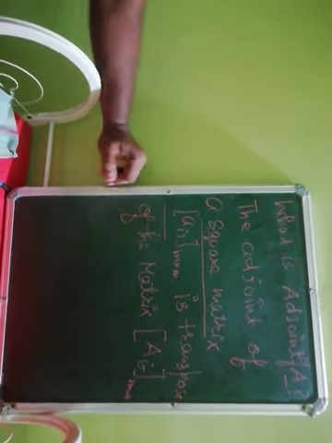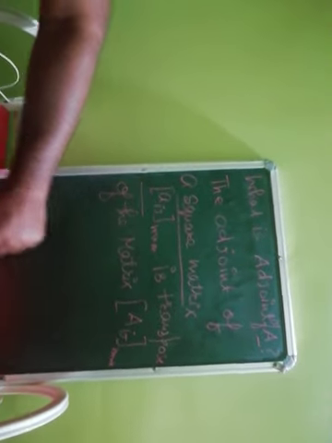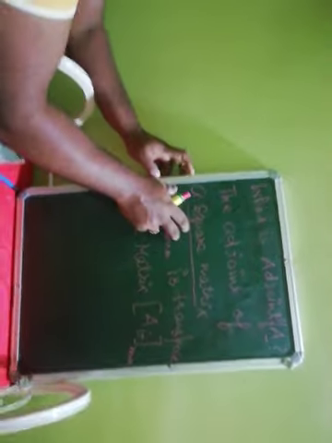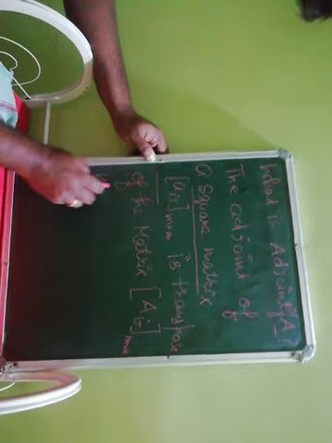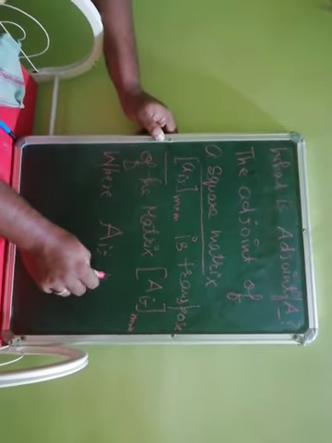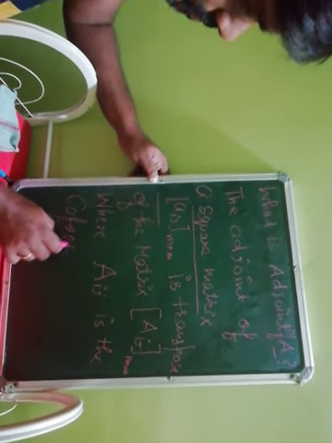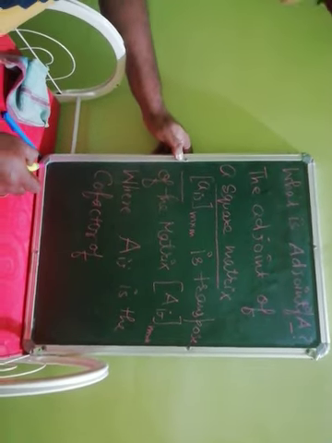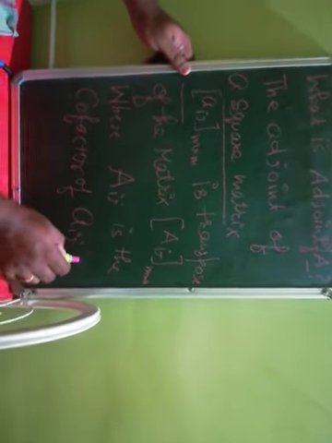Now you can recall this capital Aij represents the matrix formed by writing the cofactors of corresponding elements of the given matrix, where capital Aij is the cofactor of small aij.